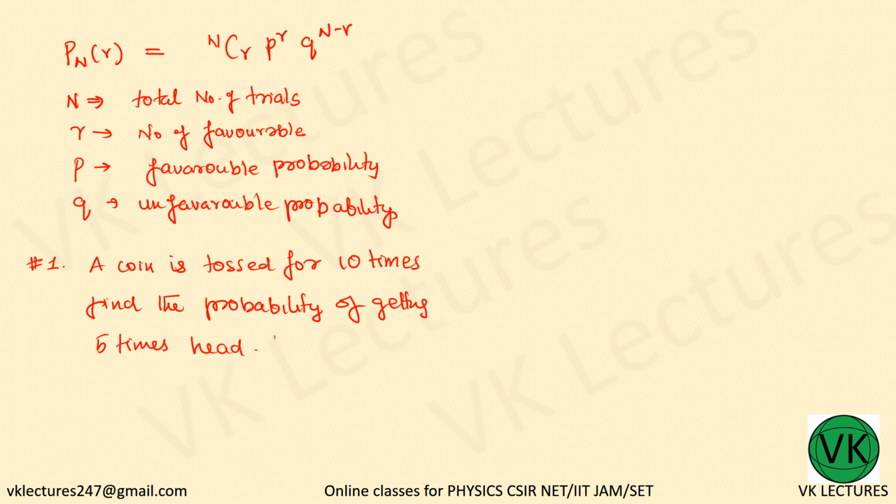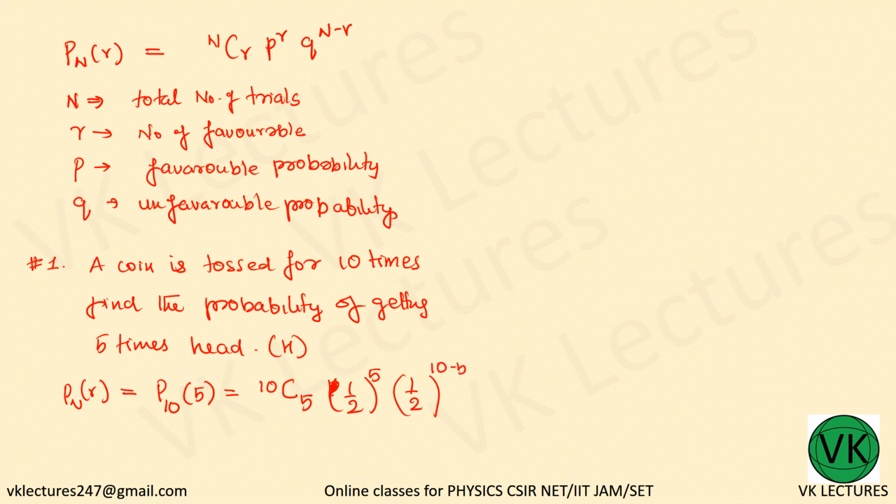So we start with Pn of r, that is P10 of 5: n is the total number, and I have to get head 5 times. That is equal to 10C5 into P to the power r, where the probability is 1 by 2, to the power 5, and Q is again 1 by 2 to the power 10 minus 5, that is again 5.